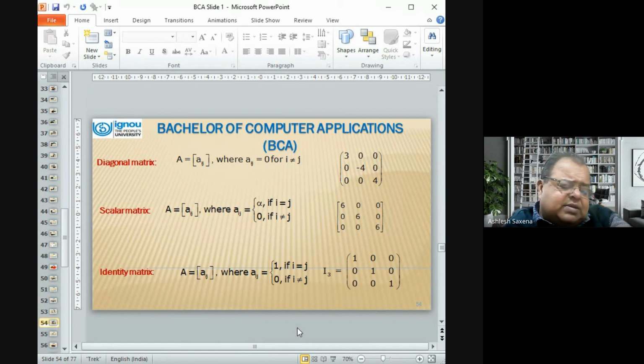A scalar matrix is a matrix in which the diagonal elements are the same number and the remaining elements are 0. If the diagonal elements are 1 and all other elements are 0, it will be an identity matrix. You can see how it is written.